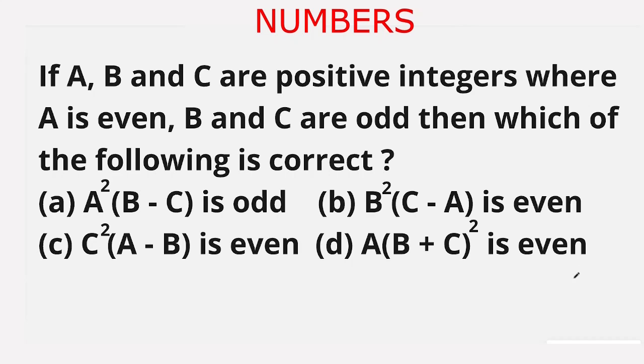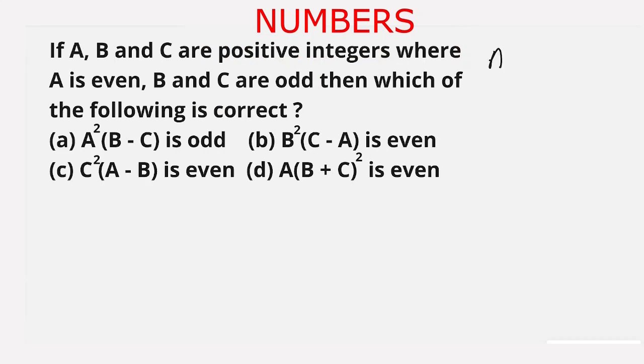Now for your convenience and for better understanding, I will solve by assuming A, B and C some numbers, and we solve this question by examples. We take A equal to 4, B equal to 3 and C equal to 5.